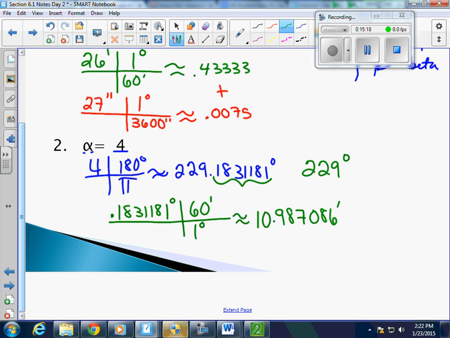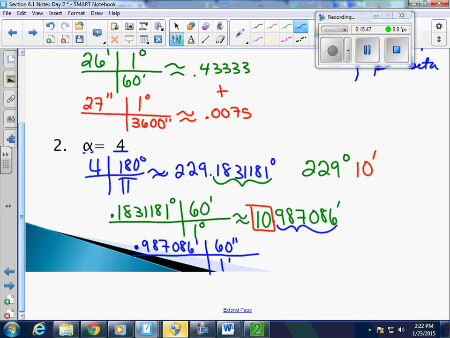Now what we're going to take from this to put into our final answer is that 10. That 10 is going to go up here, and we're going to say it's 10 minutes. What we want to do next is take the decimal that's left and convert from minutes into seconds. So now I've got 0.987086 minutes, and I know that 1 minute has 60 seconds.